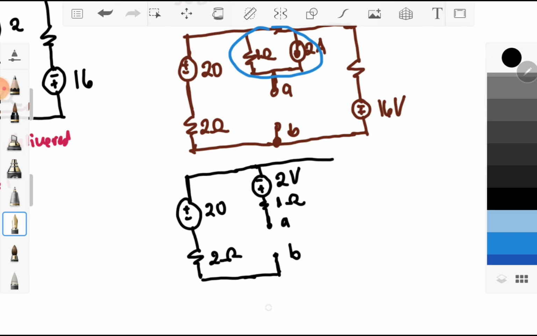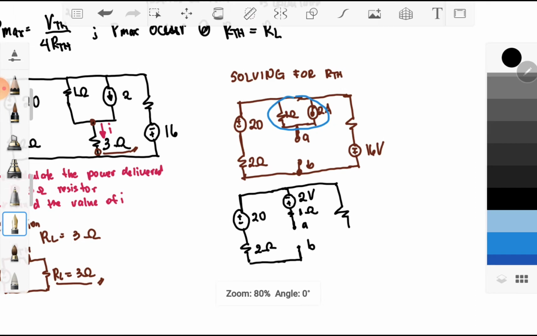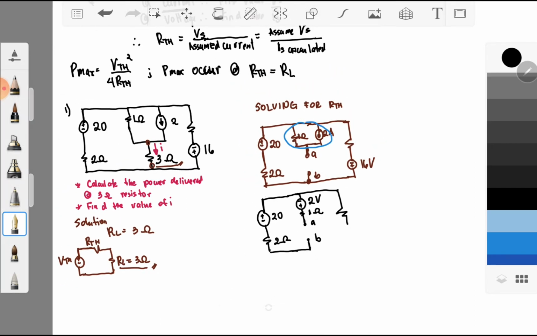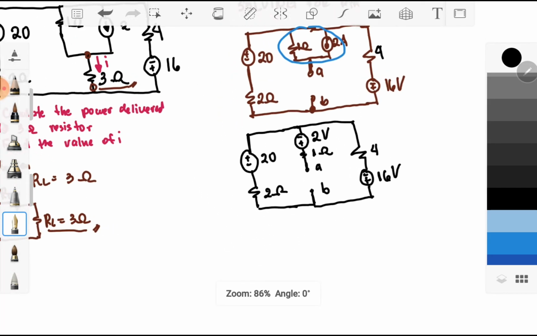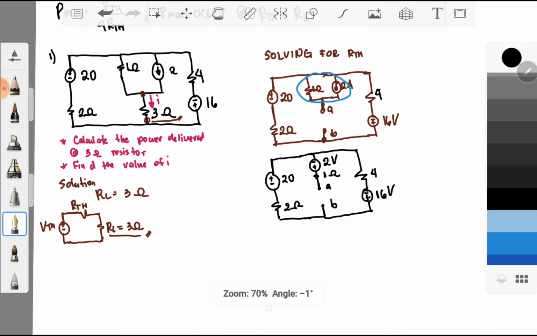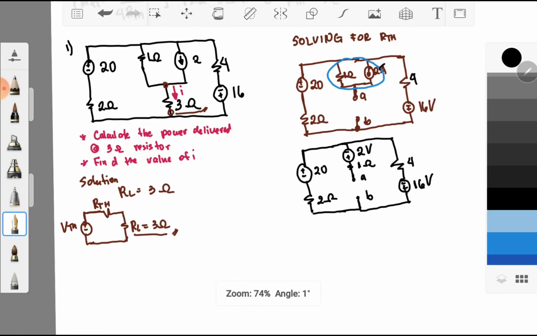Okay, and then my sources, so actually this is a 4 ohm resistor. Okay, so we'll have a 4 ohm resistor with a positive 16 volt source. That is our new circuit diagram upon source transforming your 2 ampere and your 1 ohm.